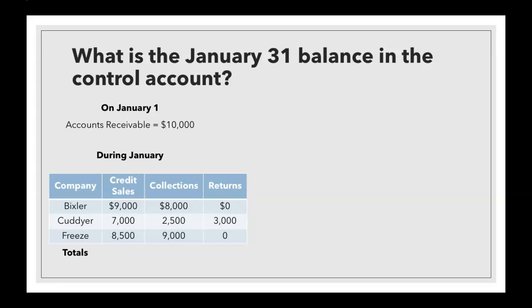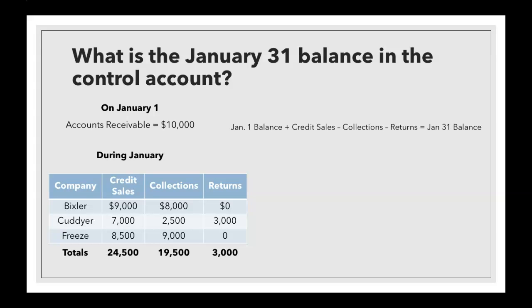We sum up all of our credit sales, and we get 24,500. We sum up all of our collections, we get 19,500. And then our returns, just that $3,000. Now that we have that information, we can work on figuring out the January 31st balance for the control account.